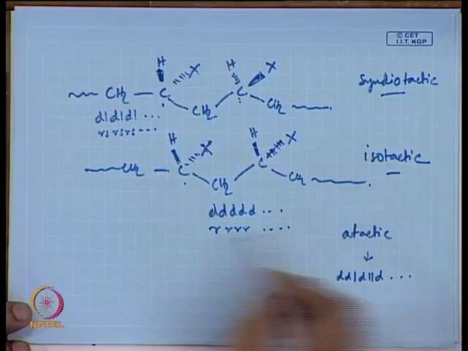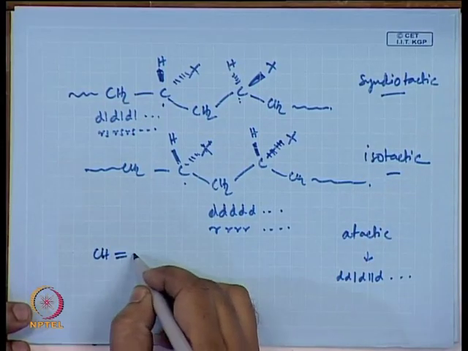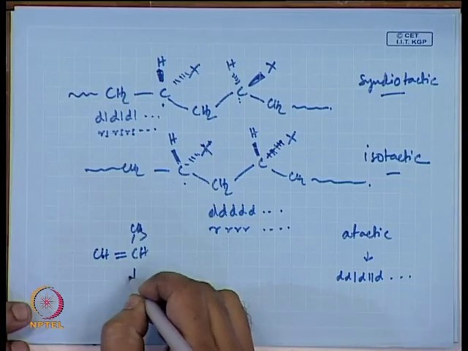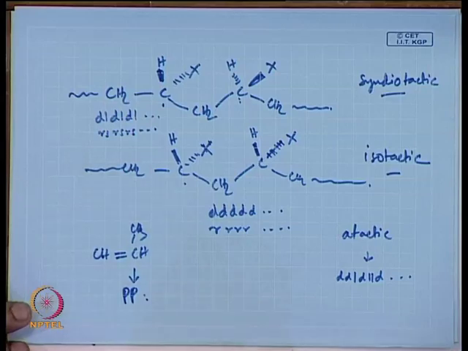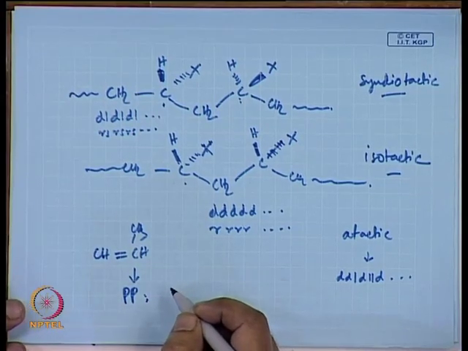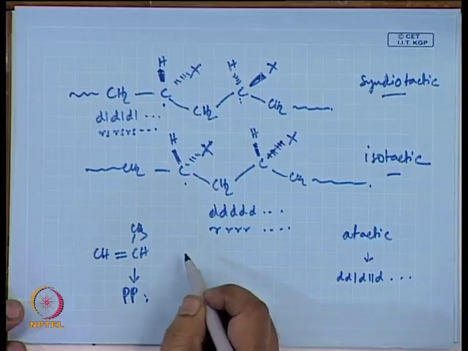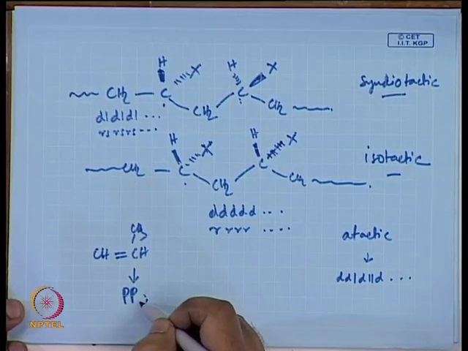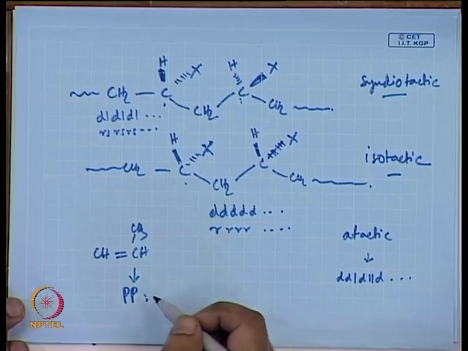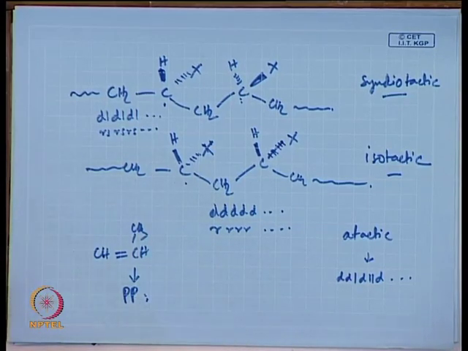So, if I consider a molecule like propylene and make polypropylene out of it, you can make an isotactic polymer, and isotactic polypropylene, having a regular structure, will crystallize easily and will be a hard molecule.